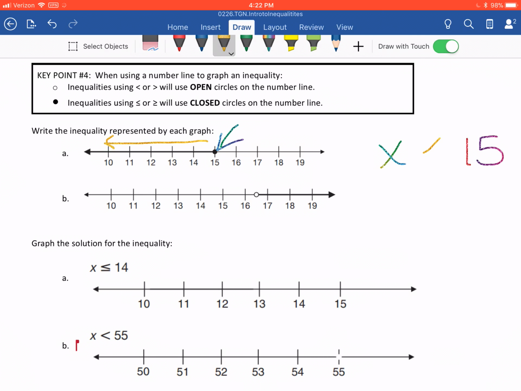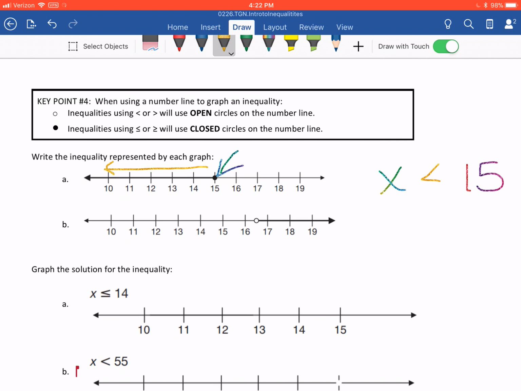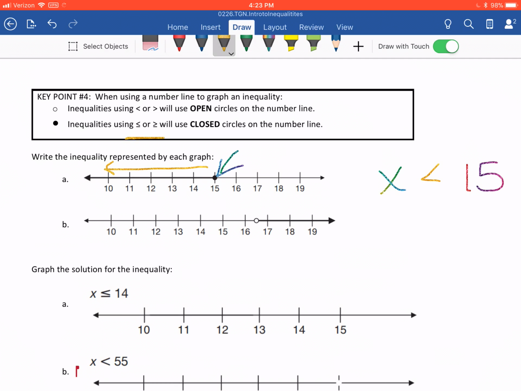So x needs to be less than 15. My dot there is filled in. It's a closed circle. So I know that I need to choose one of these two inequalities here. So it's less than or equal to.